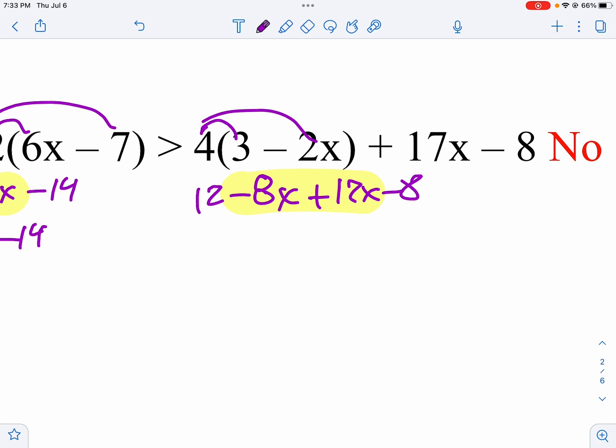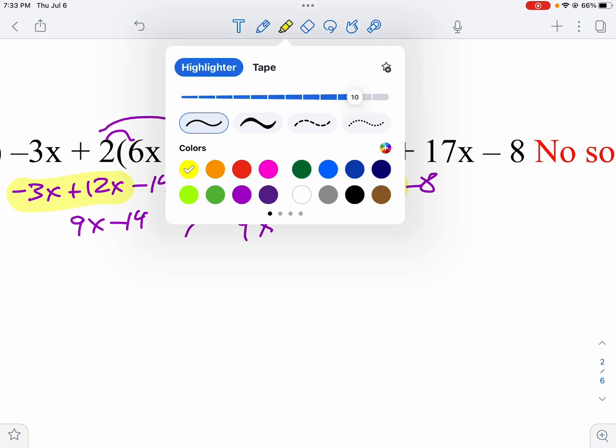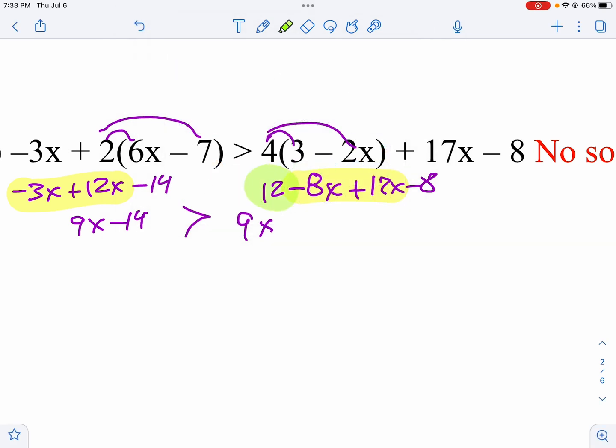Make sure, let me squeeze this in a little bit. There we go. So negative 8x plus 17x, that's 9x. And then I can combine my numbers also. 12 minus 8 is a positive 4. Now I've got things simplified.